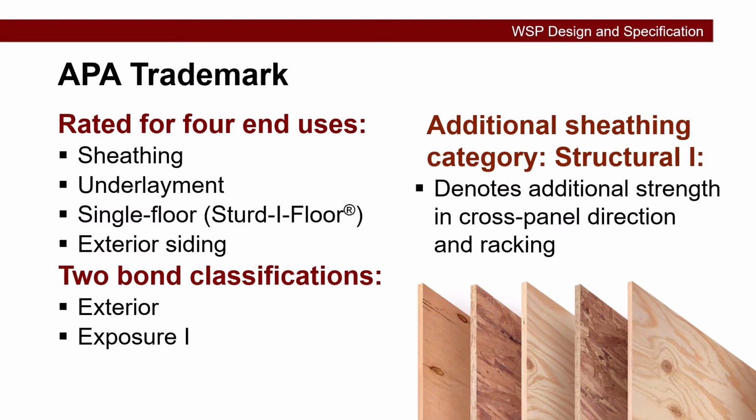The first is exterior, which is intended for long-term exposure to wetting, and the second is exposure 1 panels, which are suitable to resist the effects of moisture on structural performance during construction or other conditions of similar severity. We'll discuss these more soon. The structural 1 rating indicates extra cross-panel strength for seismic, wind, and heavy load applications. Struct 1 panels are often used for panelized floor and roof components.